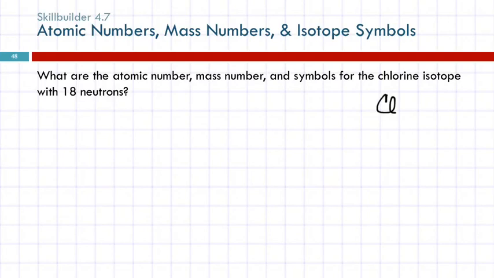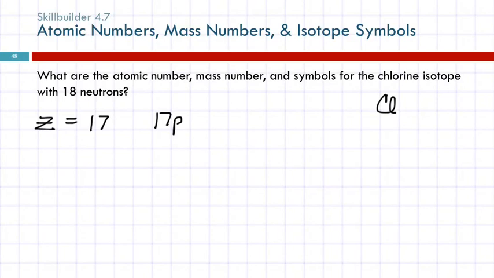You should be making flashcards and trying to do it without looking up what these are, and then check. Look it up and make sure you're getting it correct. So there's chlorine. What's the atomic number for chlorine? 17. The atomic number is Z. Atomic number is 17. What does that tell us? 17 protons.